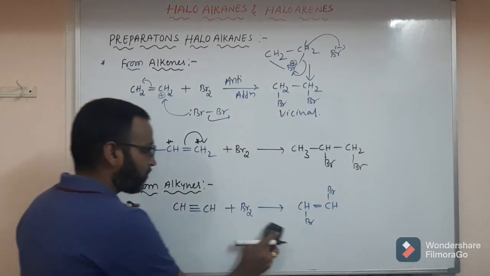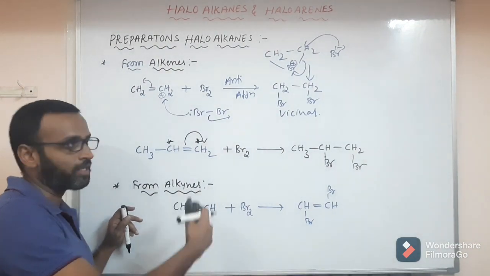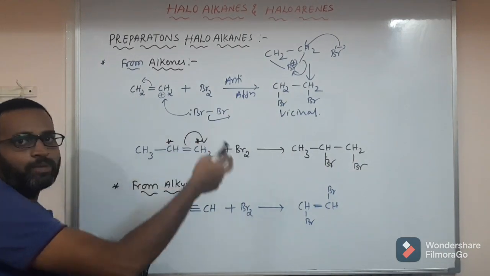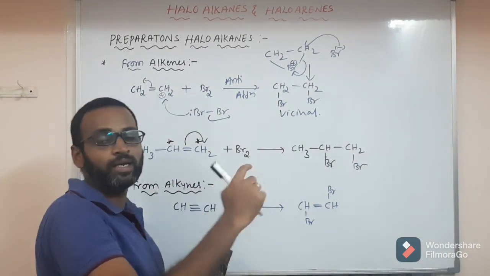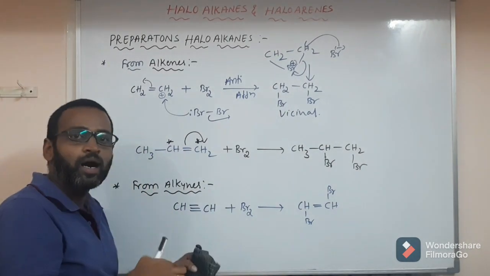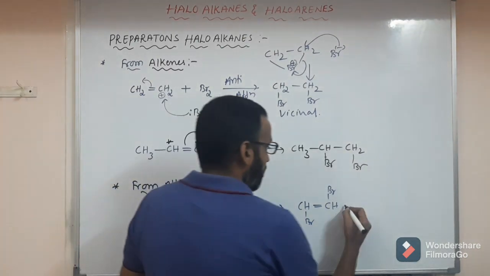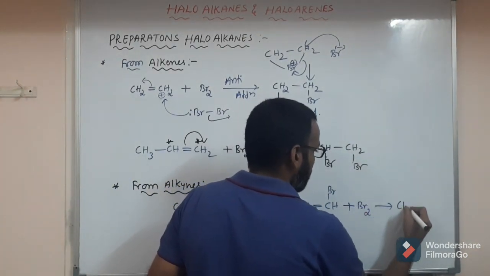Now I'll just give you brief reactions, how addition is happening. This is anti-addition. Anti means both Br plus and Br minus, one is electrophile and one is nucleophile. How they are adding to alkene or alkyne I am giving you just now. Now again if you add a bromine, what happens? Now tetrabromo you will have.